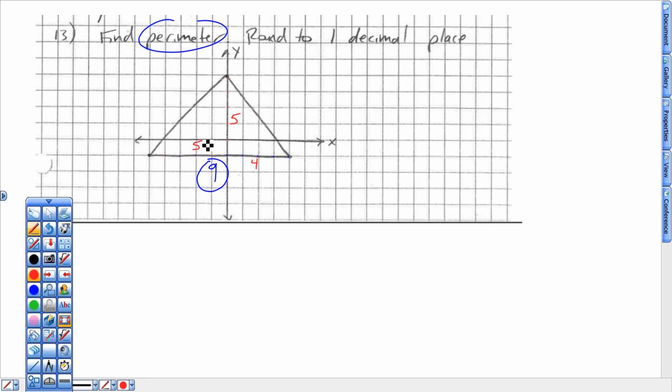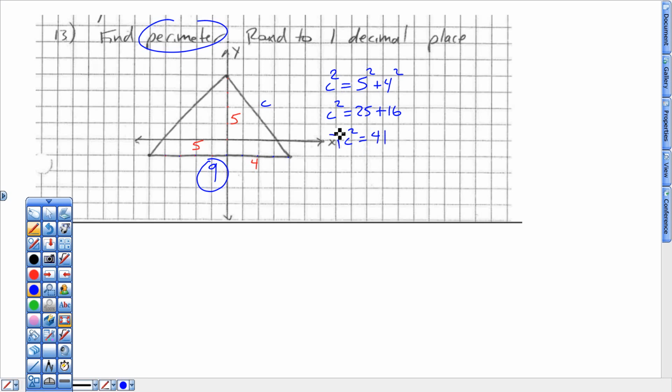So I'm going to use the Pythagorean theorem to find this length right here. We'll call it C, using that 5 and 4. To find that first C, C squared, always square it, 5 squared plus 4 squared. That gives me C squared is 25 plus 16. C squared equals 41.